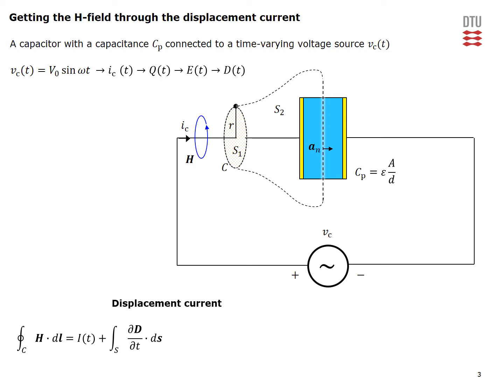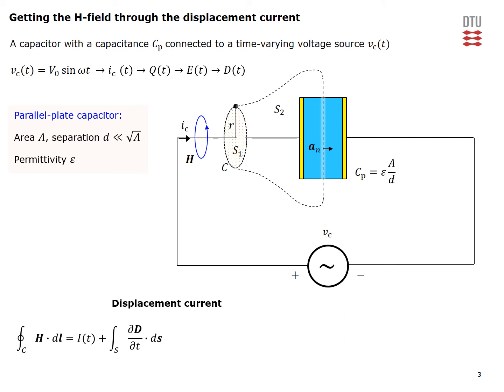Now we have a time-varying field inside of the capacitor, and obviously this term will then contribute in this particular case to this circulation integral, whereas the conduction current density flowing through the capacitor will be equal to 0.